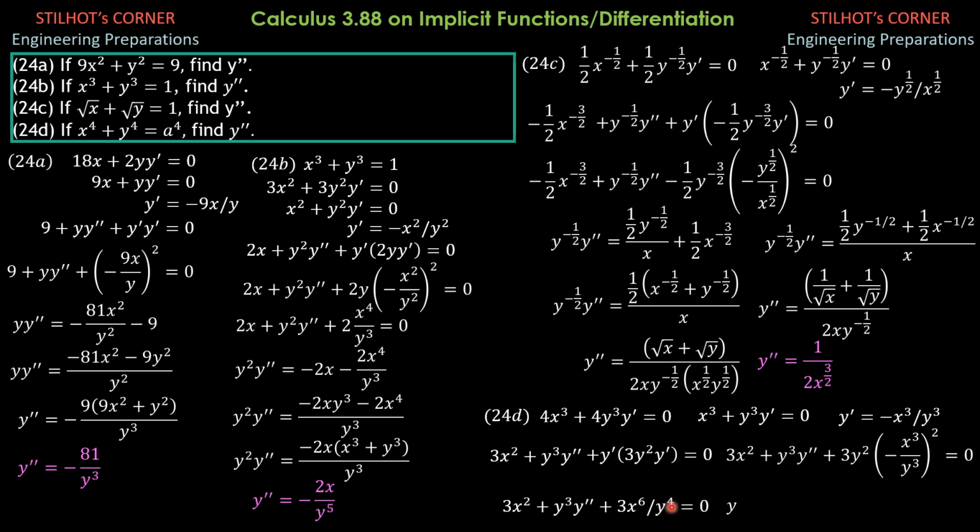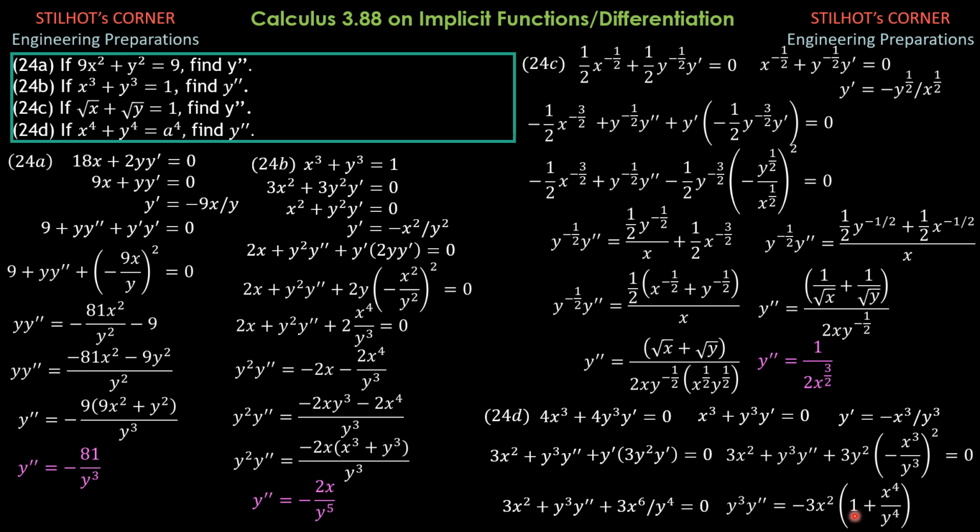So y cubed y double prime equals negative 3x squared times quantity 1 plus x to the 4th over y to the 4th. We factor out negative 3x squared here, so that's why we have 1. Then here we have x to the 4th over y to the 4th, after we factor out negative 3x squared, because this is supposed to be negative 3x to the 6 over y to the 4th.